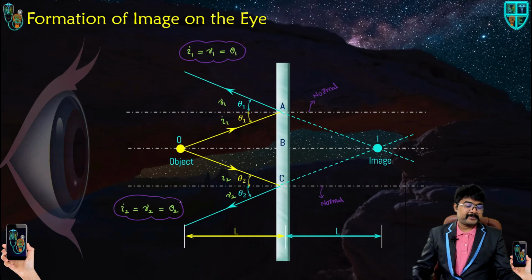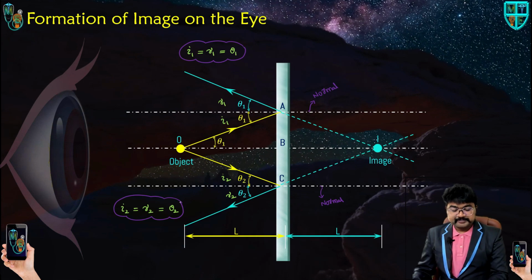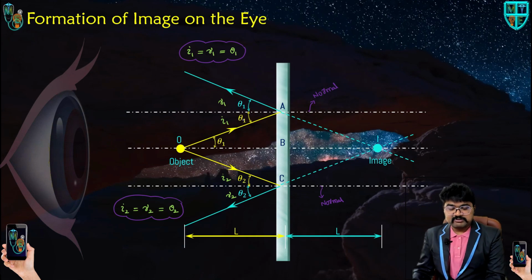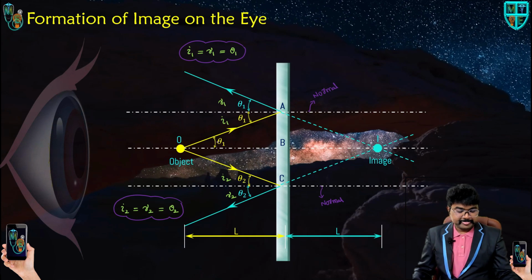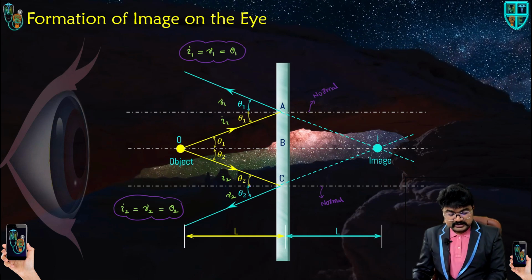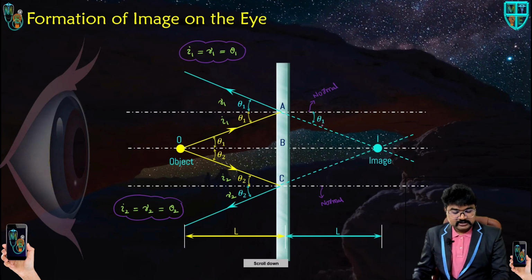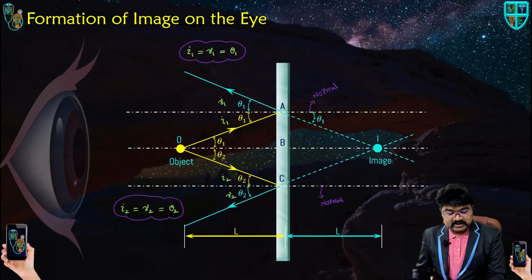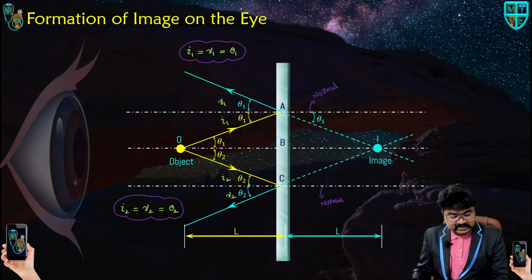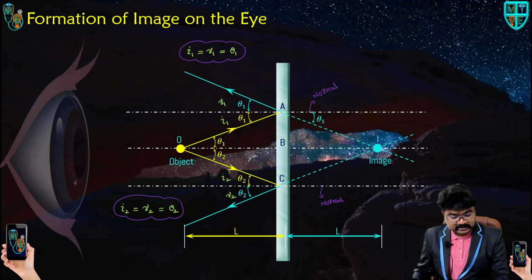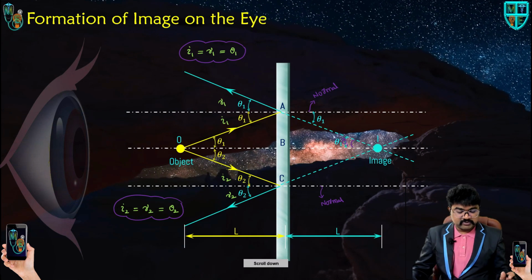Now, once you apply the geometry, if this is theta 1, this would be theta 1. If this is theta 2, this would be theta 2. Next, here it is theta 1, and then this is also theta 1.